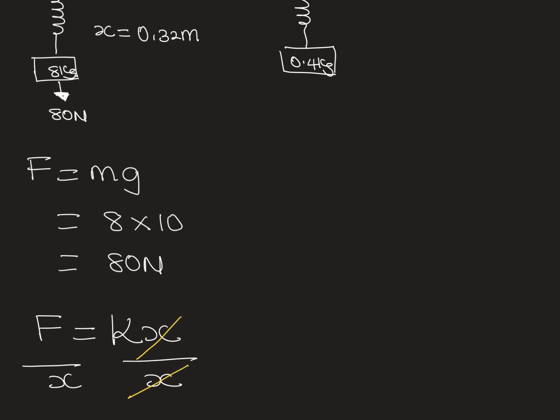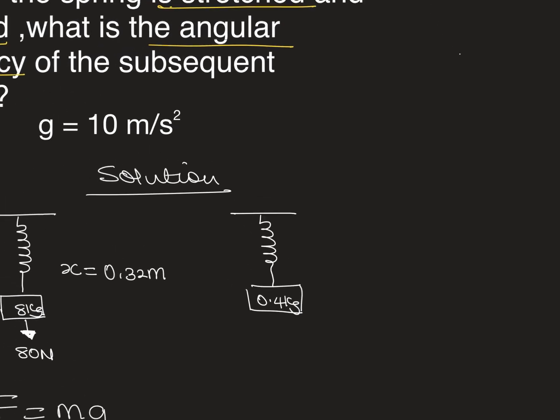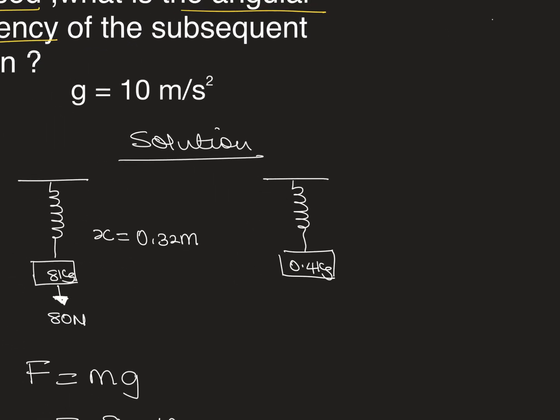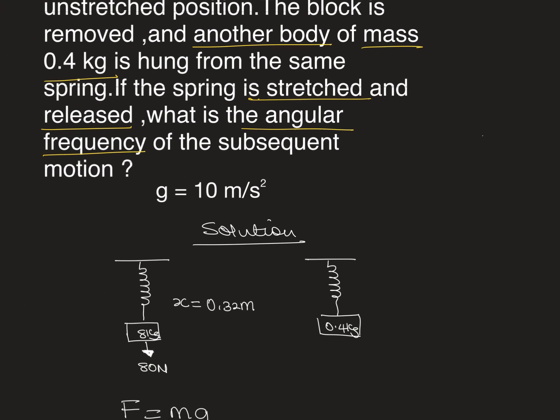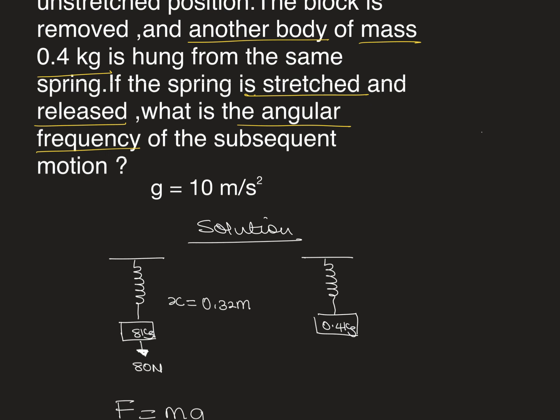If that is known, then we can move on to the second case where the 0.4 kilogram mass is now attached to the spring. And we want to know the angular frequency in this case. It says if the spring is stretched and released, what is the angular frequency of the subsequent motion?